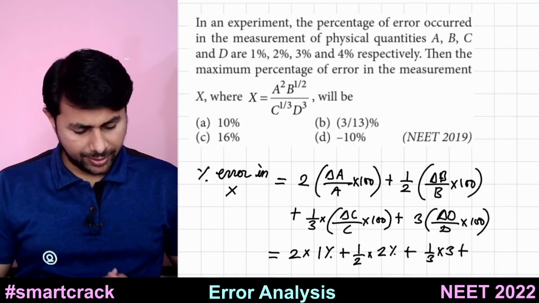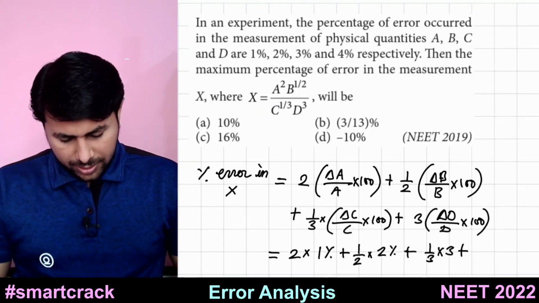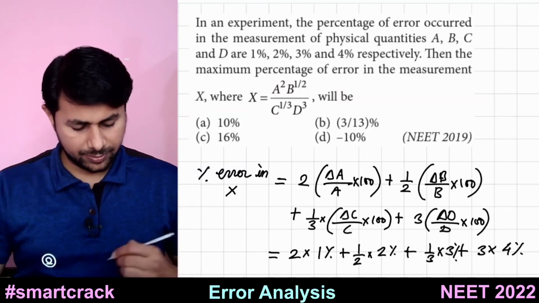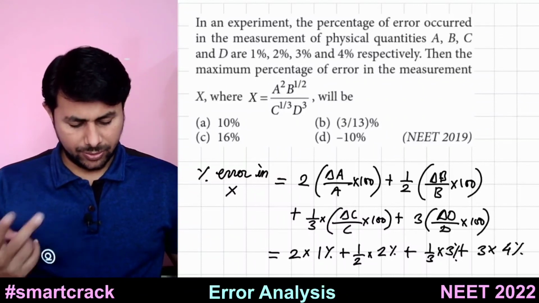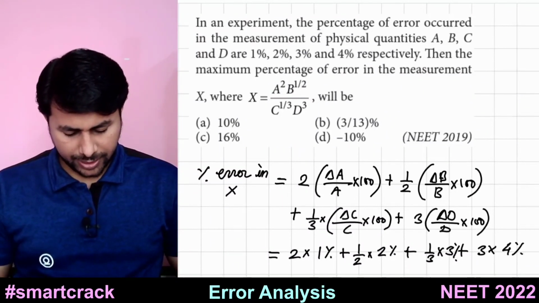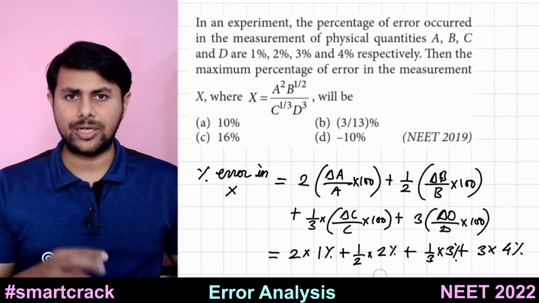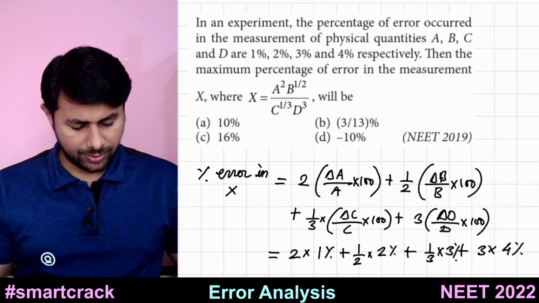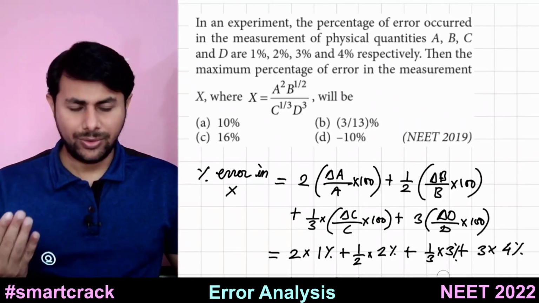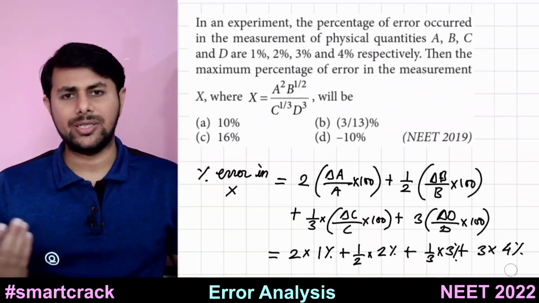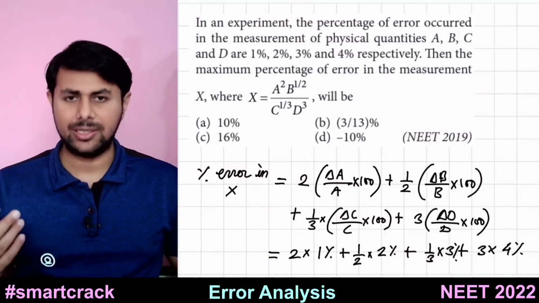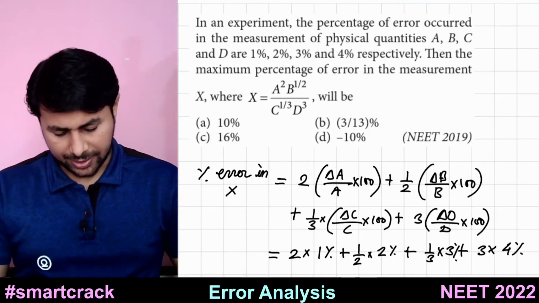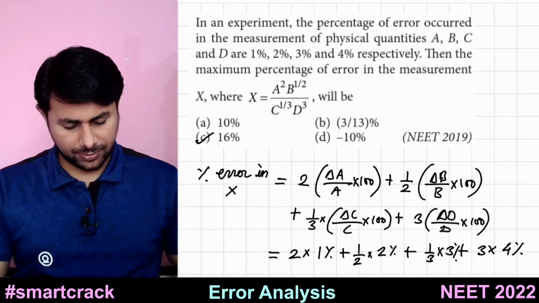Okay, and plus we have D raised to 3, so 3 times of 4%. Okay, so what do we get? So 2 times of 1 is 2. Okay, so 2 plus 2 by 2 is 1, so 2 plus this 1 is 3, and 3 by 3 is again 1, so 2 plus 1 plus 1, 4, and 3 times 4 is how much? 12. So 12 plus 4 is 16. So answer is 16%, right? So this is the answer.